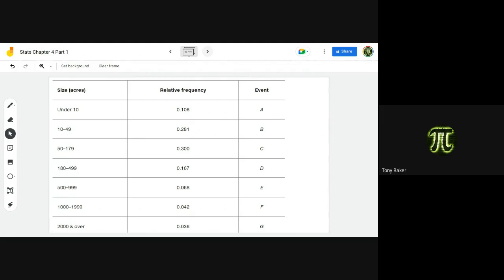We've got, this is the size in acres of property. All right, so we've got the size in acres under 10, 10 to 49, 50 to 179. So if I was to graph this, is this a proper histogram?